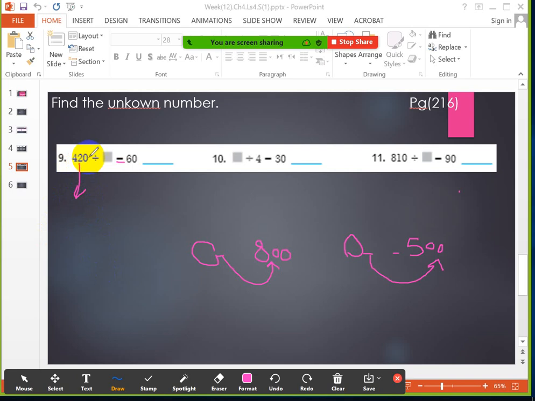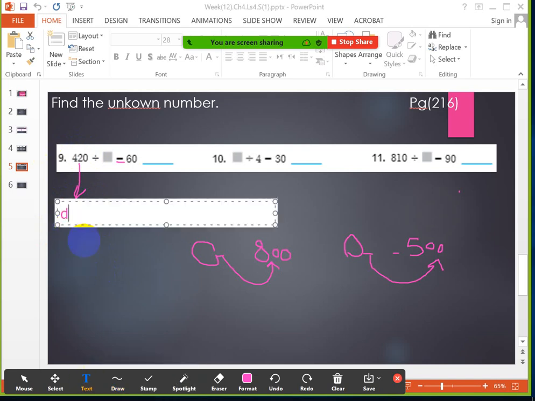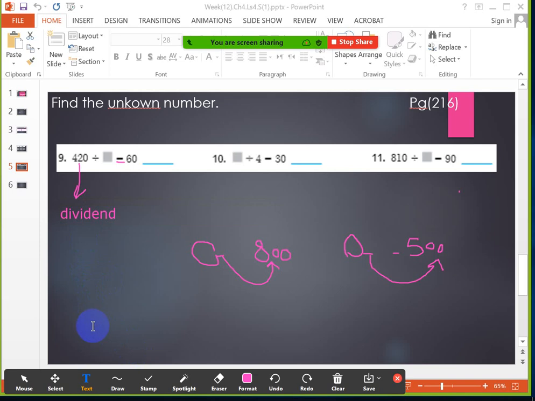We named this number that I want to divide. What do we name it? Who will tell me? Who will remember? We name it, no Zen, no, Bisan. We name it dividend, right? The big number that I want to divide, we name it dividend.